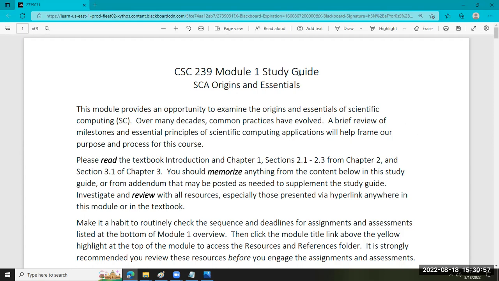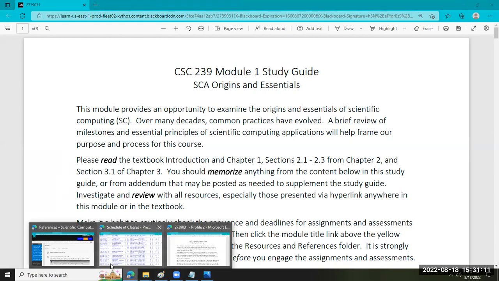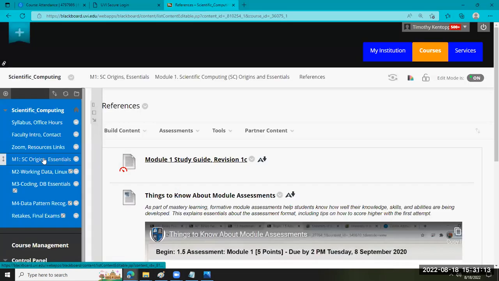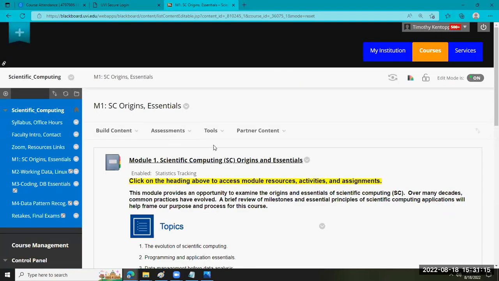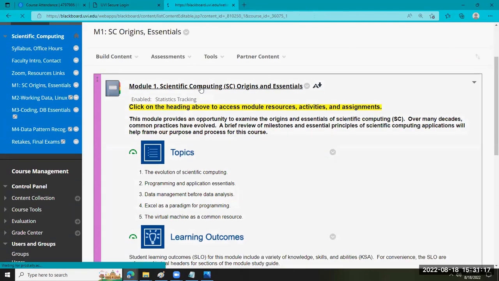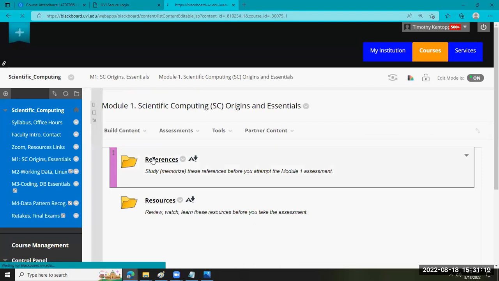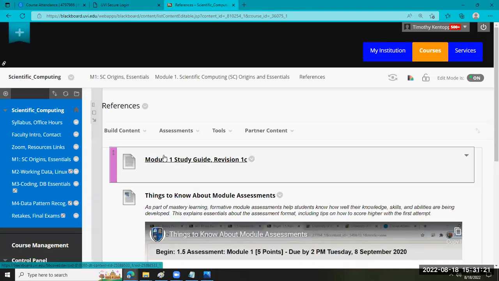This is the first page of the study guide for our first module. And as you look over our module contents, right within the references, that's where you find the study guide.